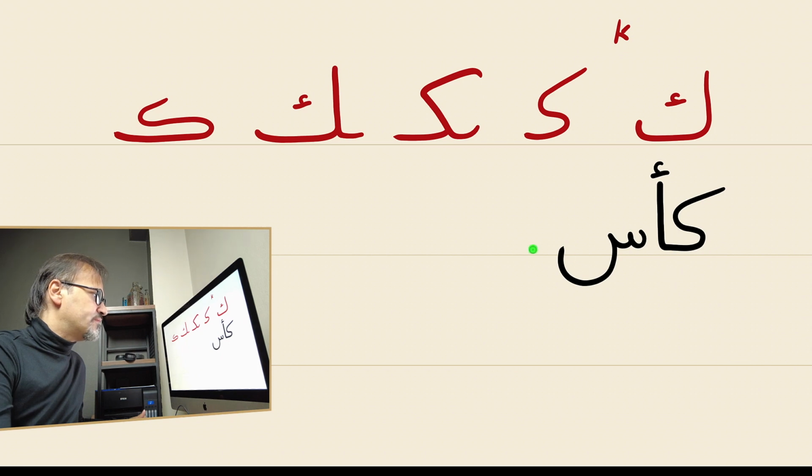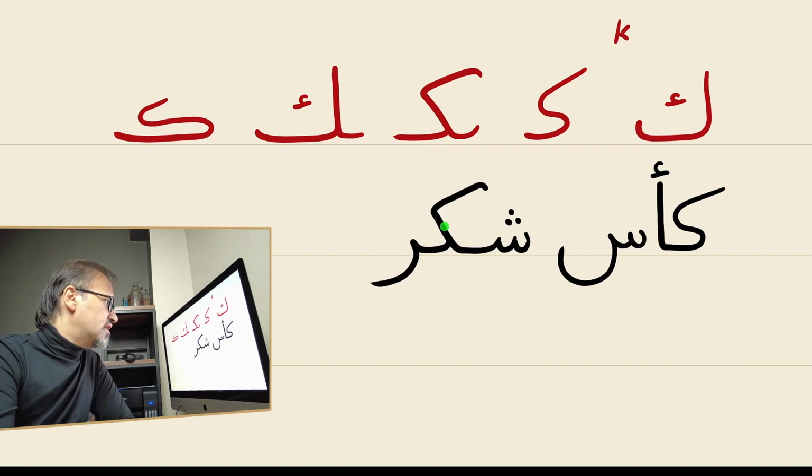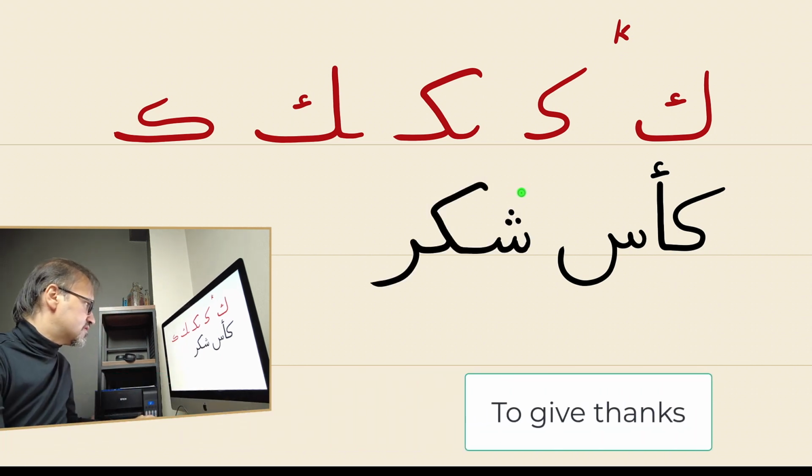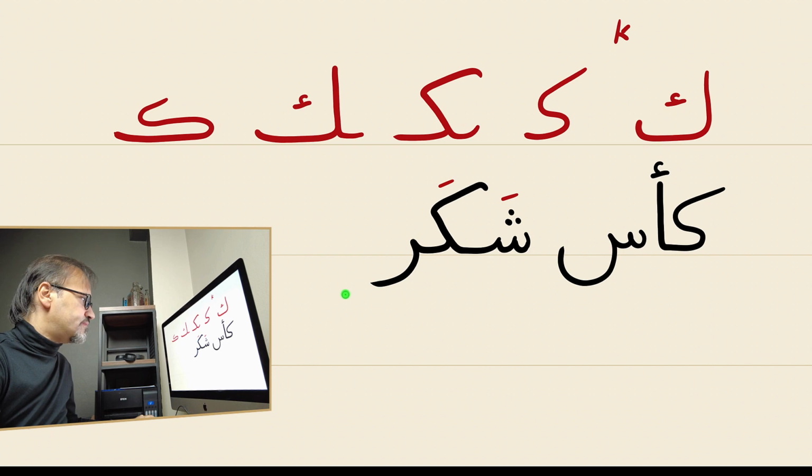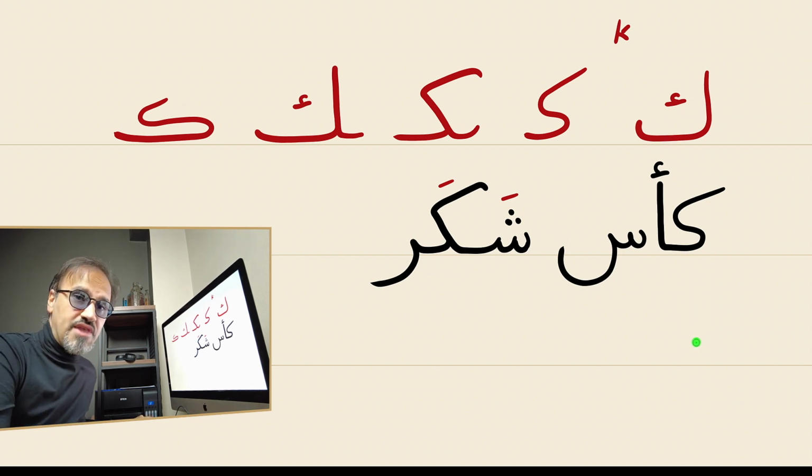Now, Shakar. Let's put the diacritical marks. Tashkil, Shakar. And then we have the word for doubt, which is shak. Same as this, but without the ra. Sh.